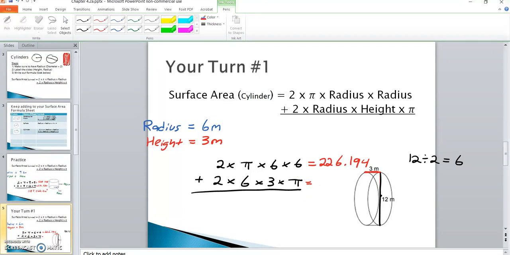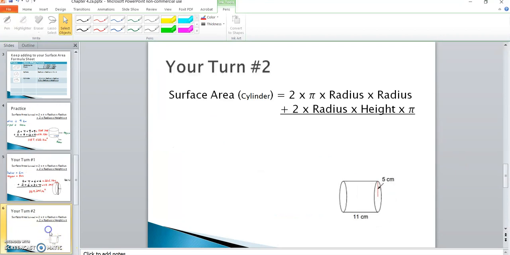And then the next line is going to be 113.097. So if we add those two up, we get 339.291, and our units are meters squared.